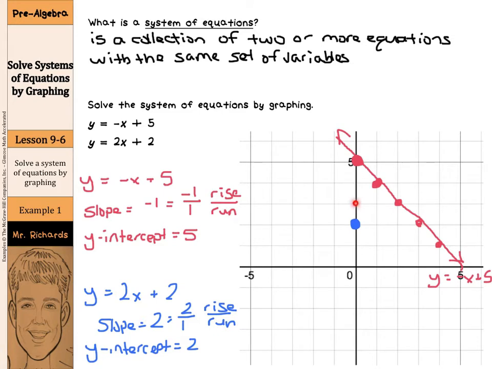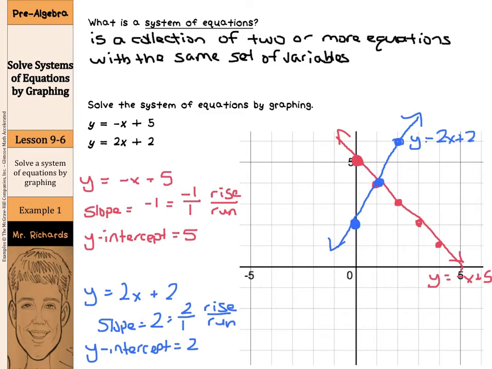So we will rise 2 and run 1. Rise 2 and run 1. So we go here and there. And so now we have our graph that we can draw in right about there. And that is the graph y equals 2x plus 2.